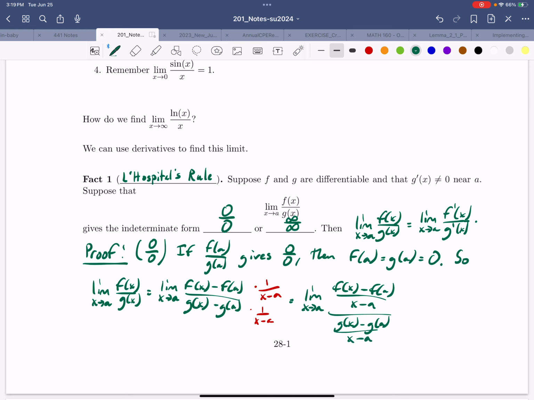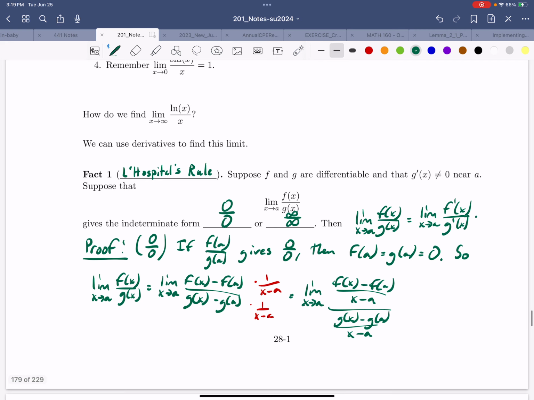Now, why do we do that? Well, one more thing we could do, assuming these limits exist, which, spoiler alert, they do, is say that the limit of the quotient is the quotient of the limits. This is using limit laws.